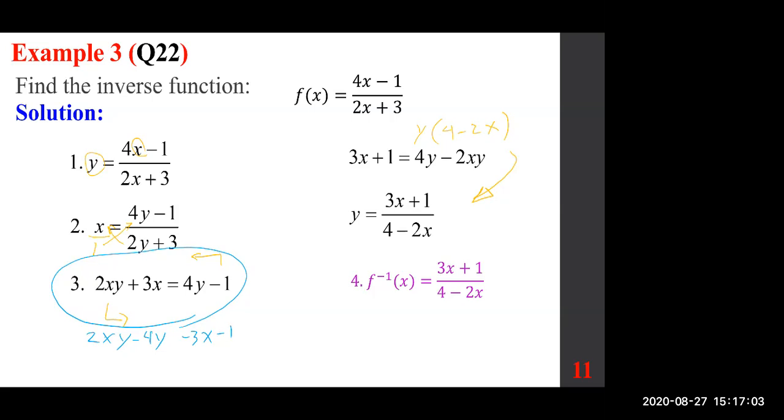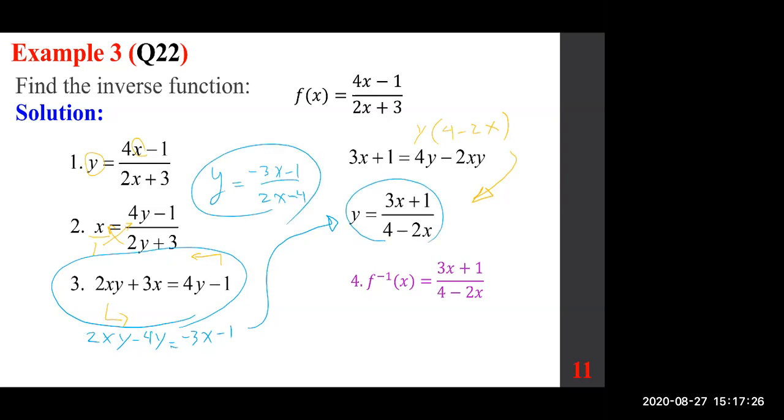Which means when you get to this part, the answer looks like this: y equals minus 3x minus 1 over 2x minus 4. So I hope you realize these two are the same. The difference is this one with the asterisk has too many negative signs. That's why I wanted to avoid that.